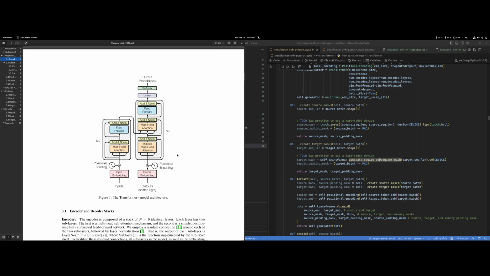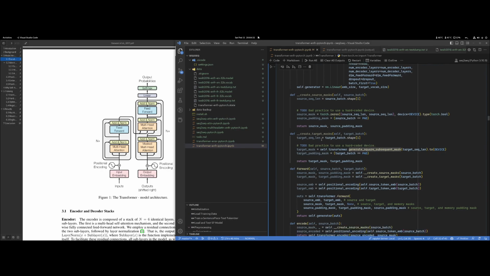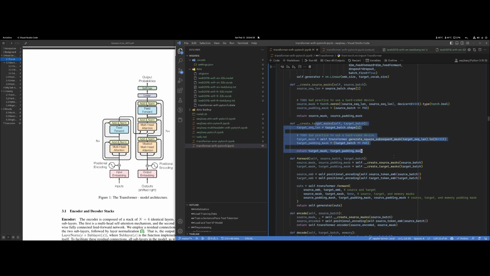The idea is that when you are generating something, you don't know what's going to be next, you only know the previous ones. But in training you actually know what's going to be next, so you intentionally apply a masking to remove all next tokens from the statement you send to the decoder. That's why you can see there's a masking created on the target.